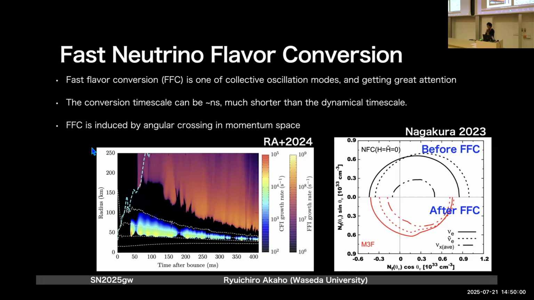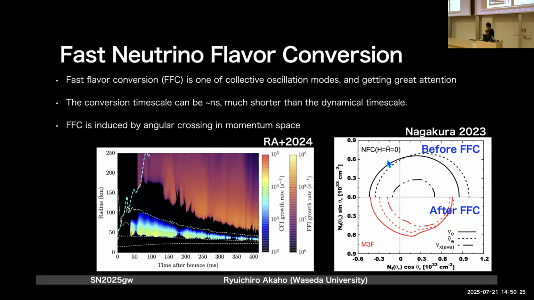It is widely known that FFC is induced by an angular crossing in momentum space. This is the momentum space distribution, where the right direction is radially outward and the left is radially inward.